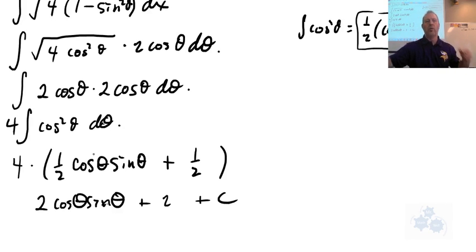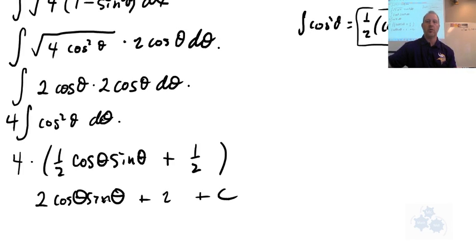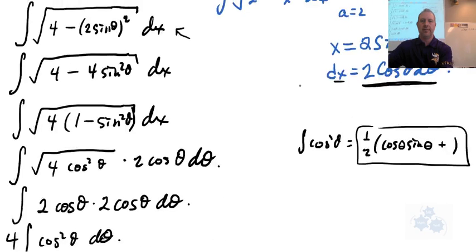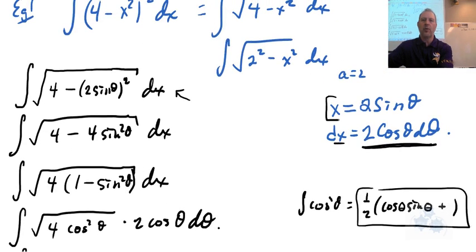Okay, so we've come through some of the big steps. We just have this final push now to get this not in terms of theta, but in terms of x. So here's where we're going to start. We let x equal what early on? 2 sine theta for this question.